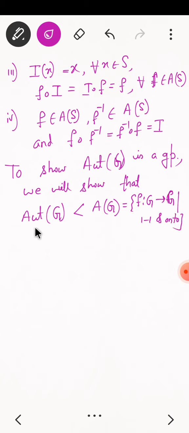So we now show that Aut(G) is a subgroup of A(G).